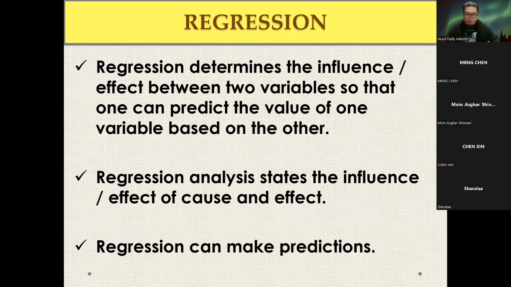So when you study regression, you automatically get the correlation result first, then you continue further for the influence to check your cause and effect, and you can make a prediction of how your independent variable can affect your dependent variable.